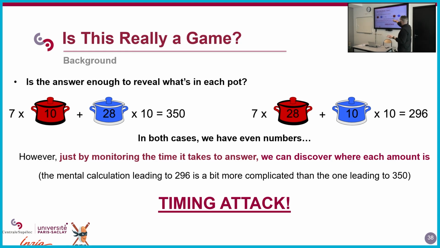When we get 350, the mental calculation is a little bit easier. So in both cases we get even numbers, but by monitoring the time in which the response comes, we could understand which number was put into each pot, because the operation on the left is a little bit easier.